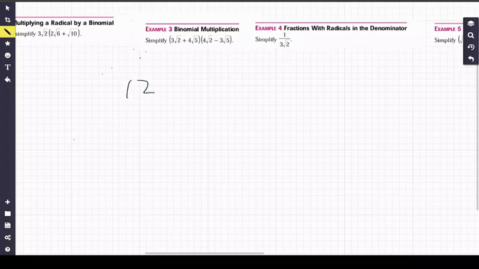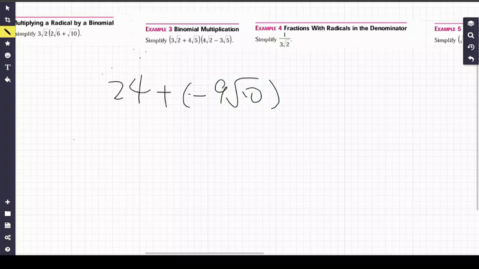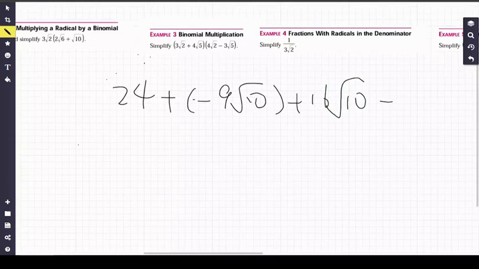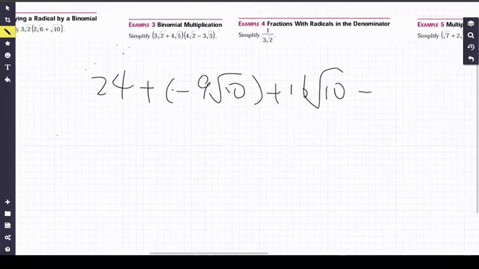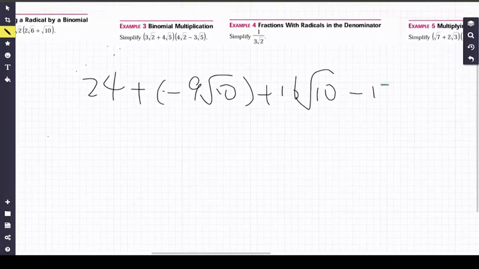So we'll have 12 root 4, and then root 4 is 2, so we'll have 24 as our first term, plus, and then root 3, that's going to give us negative 9 root 10, and then plus 4 times 4, that's 16 root 10, 16 root 10, and then minus 12 root 25.